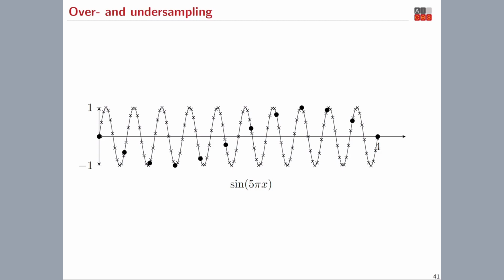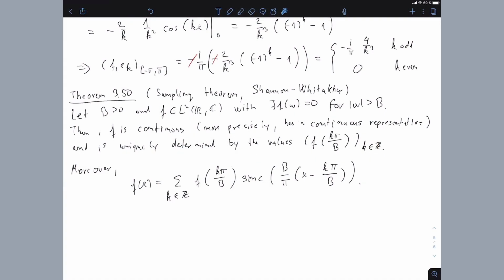The dots are the case if I take fewer samples than Shannon-Whittaker tells me, and we can see it really leads to something undesired. And the axis is what we do if we take more samples than Shannon-Whittaker tells us. But we will look more at this effect in the next lecture on Thursday. And that's all I wanted to tell for today.